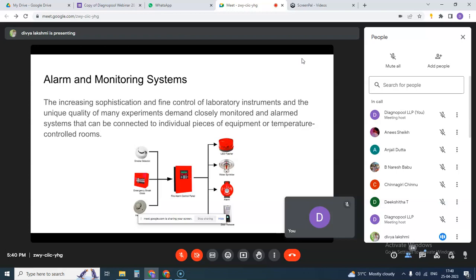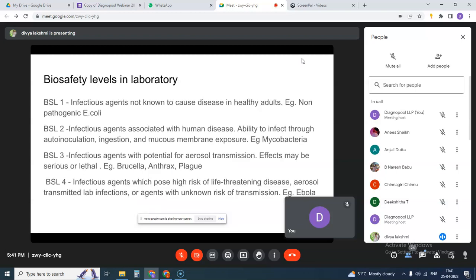If there is any accident, like a fire, these alarms can detect the smoke, or any emergency breakage of glass, or any increased heat production from any machine. It will send a signal to the control panel, and immediately send signals as an LED flasher, or if there is a wire, it will sprinkle the water immediately, and it will also make the alarm sound. And if the doors have access control and are locked, it will release the door immediately.